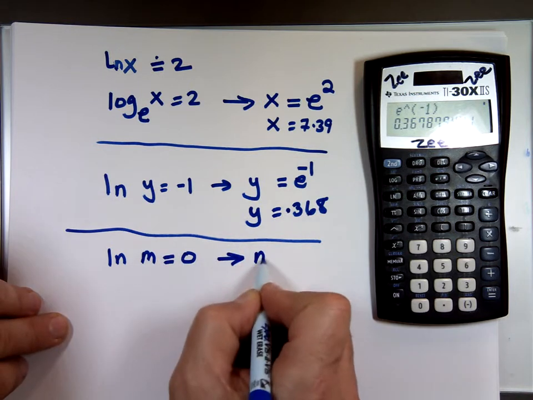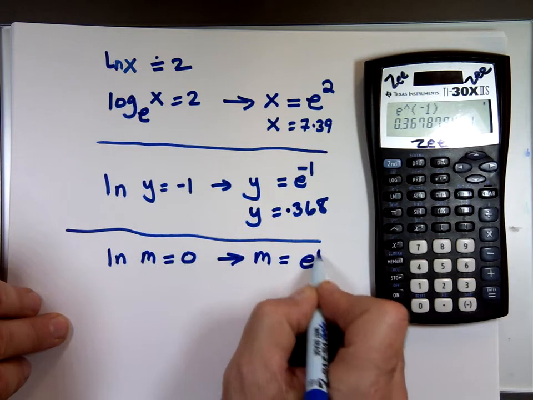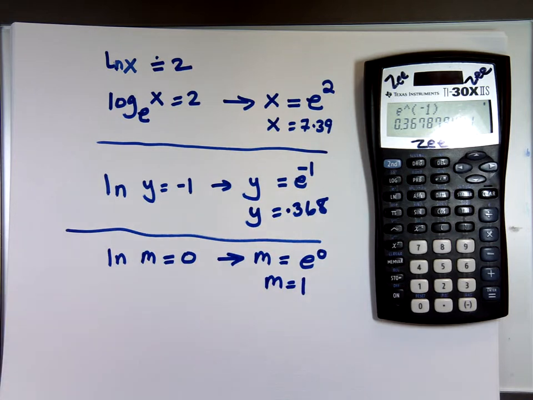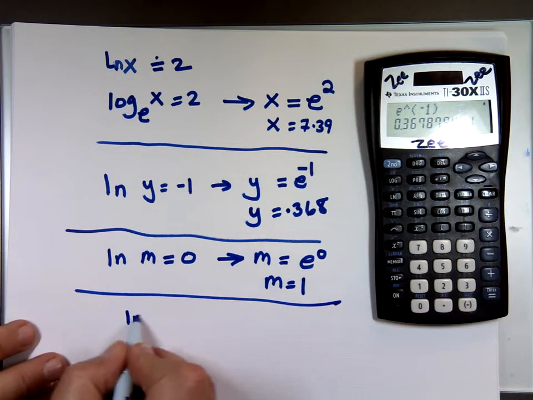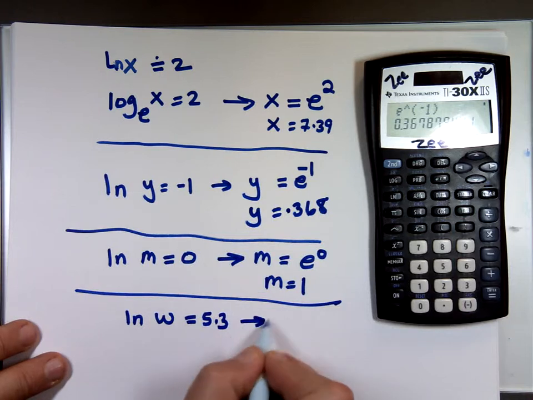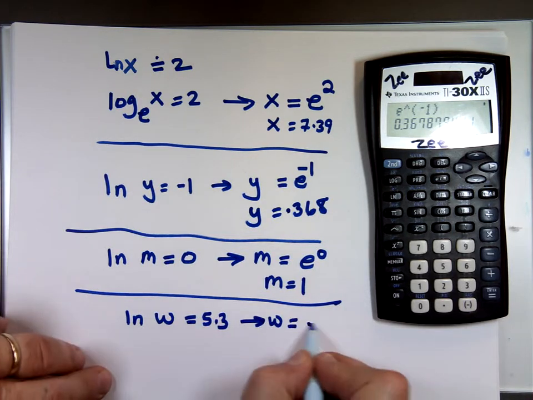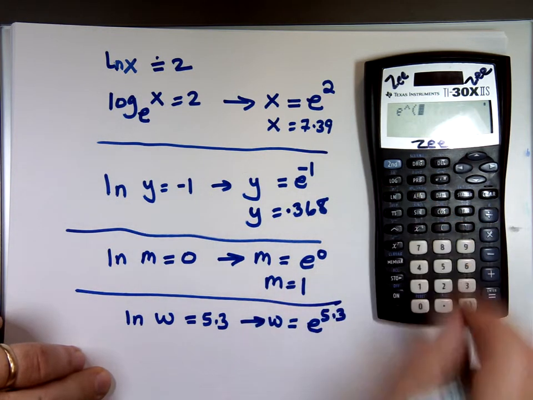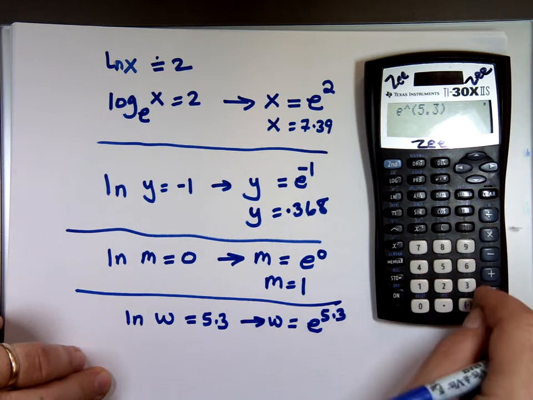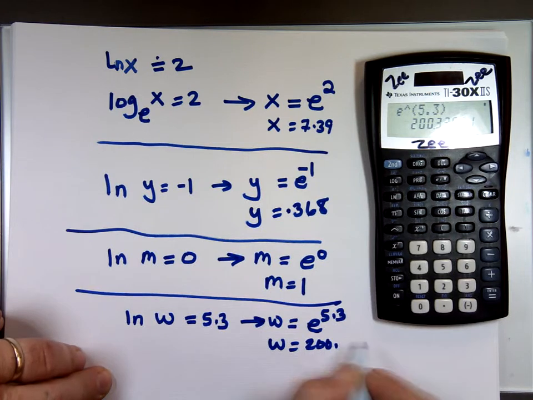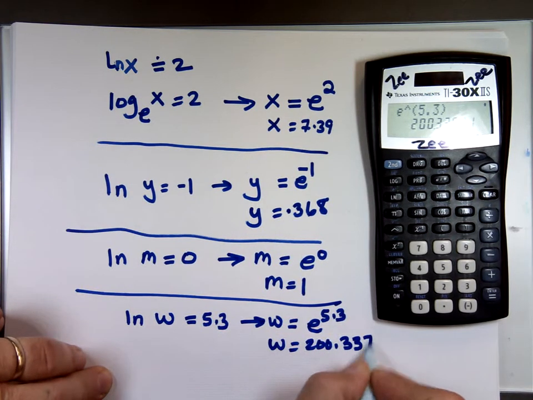What is m? e to the 0, right? What's e to the 0? 1. ln of w equals 5.3. What is w? e to the 5.3, which is 200.337.